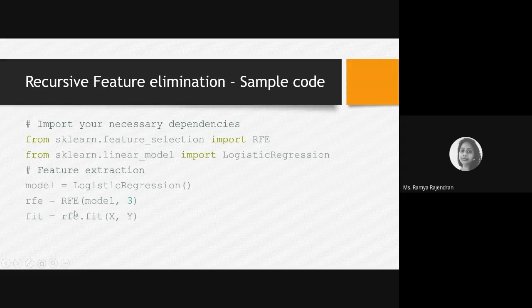Here I have mentioned logistic regression as the model. Then you use RFE and mention that you want to select only 3 features. So it selects only the 3 best features which can go together. If you want 5 features in your subset, you can just take the 5 best features.